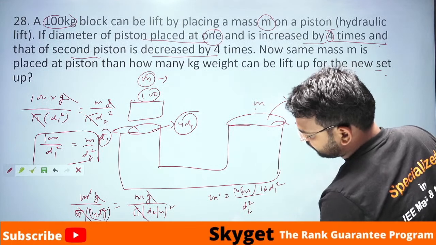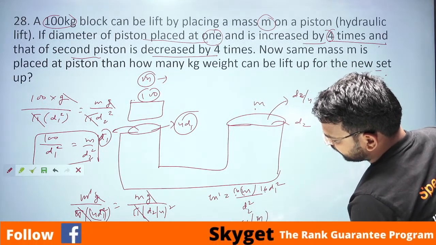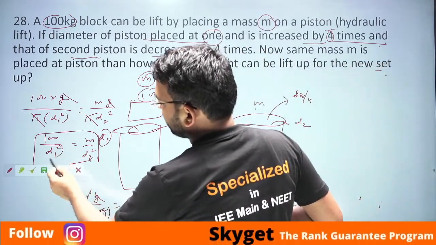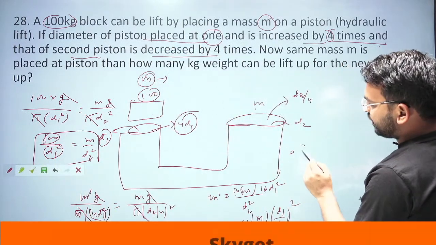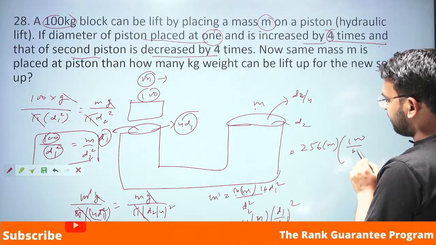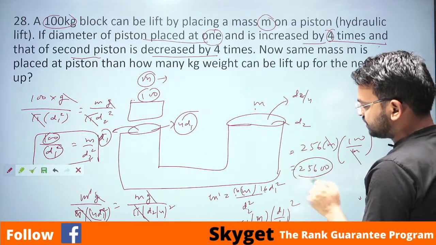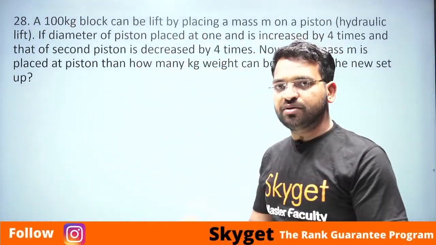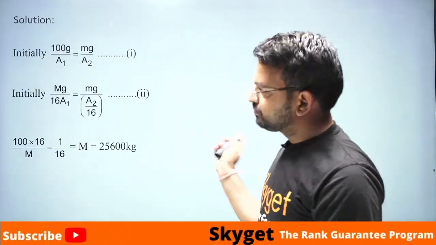So 16 and 16 will give you 256, and m and d1 square over d2 square, d1 over d2 square we got the value from here. d1 over d2 square will be 100 by m, so I can place the value over here. 256 times m into 100 over m, m cancels out, the answer will be 25,600. So this much should be your answer for this solution. Up to this mass it can afford that.